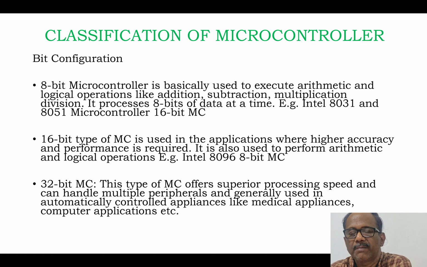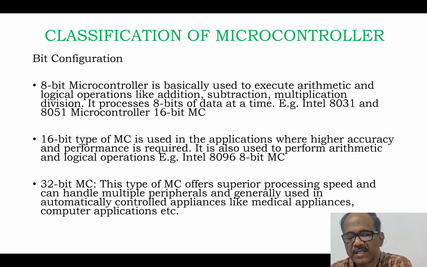For 8-bit microcontrollers, the size of the ALU is 8 bits in length, which can process data 8 bits at a time. Examples are Intel's 8031 and 8051. 16-bit microcontrollers are used where high accuracy and performance is required. They can process 16 bits of data at a time.